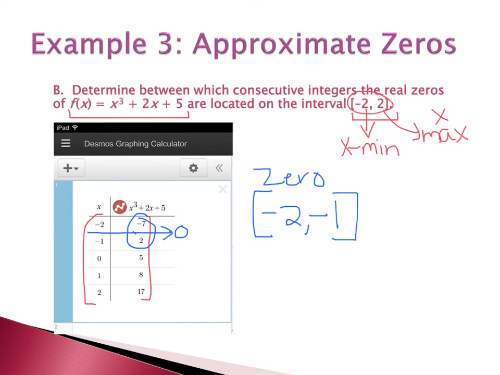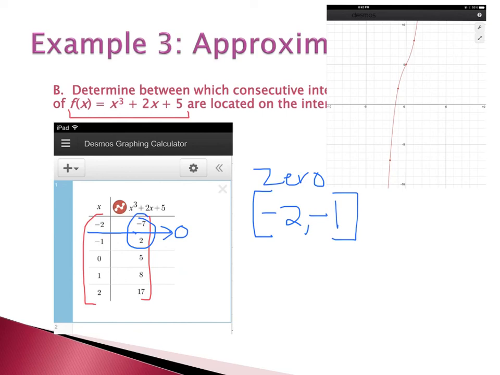Realize that -2 is an integer, -1 is also an integer, and they're asking us to determine between what two consecutive integers the real zeros of the function occur. So I know that I have a zero between -2 and -1. Now I'm going to take a look at my graph to confirm that our zero occurs between -2 and -1.